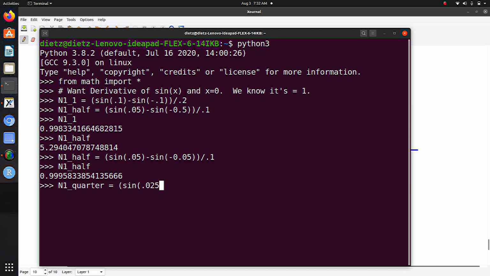Sine of 0.025 minus sine of negative 0.025, and then I'm going to divide that by 0.05. That looks good.